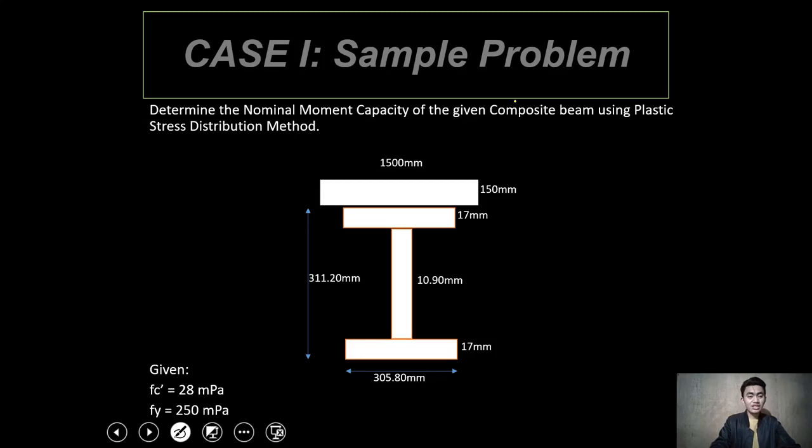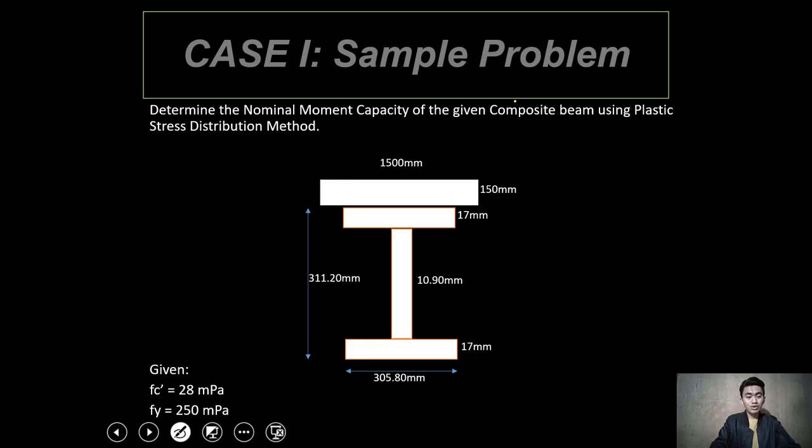However, let us try to solve and show how we determine the location of the PNA. At the same time, according to the problem, determine the nominal moment capacity of the given composite beam, of course utilizing the plastic stress distribution method.